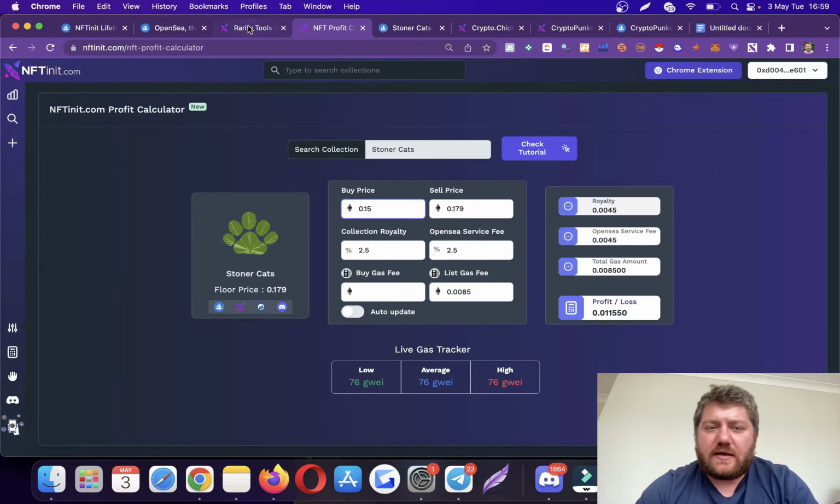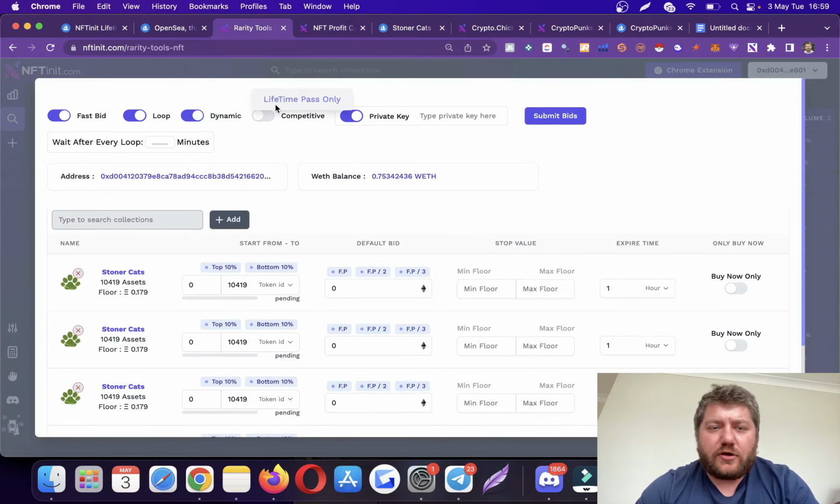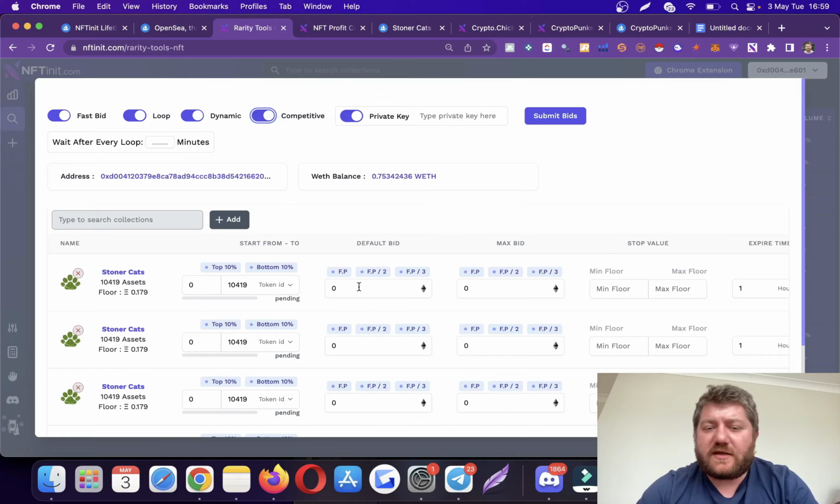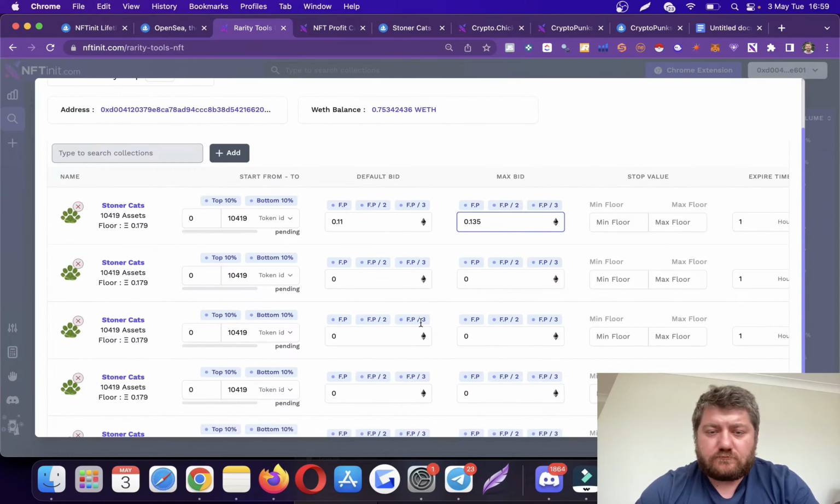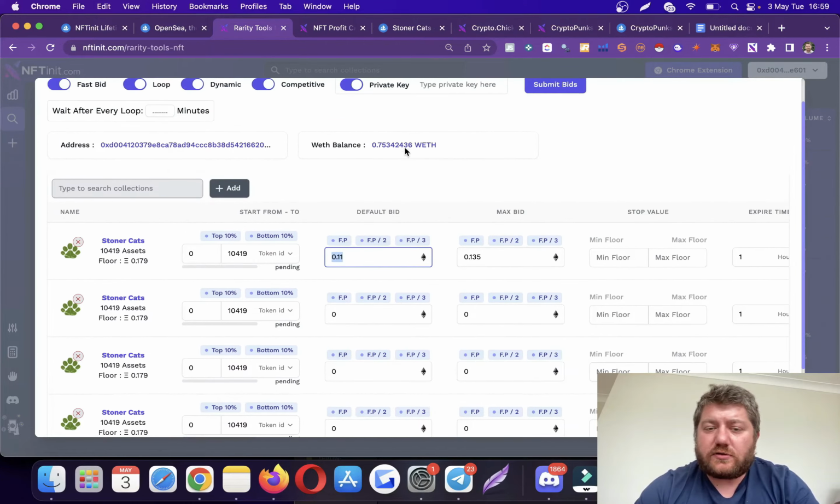Keep that in mind, because I'm going to enable the competitive bidding mode. Because you know what, I will say, you know what, offer 0.11 to this collection. However, I am okay to go up to 0.135.